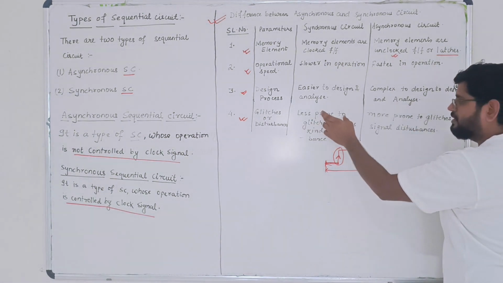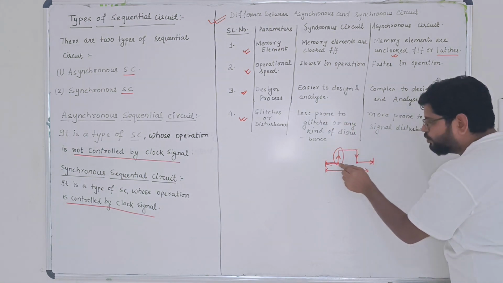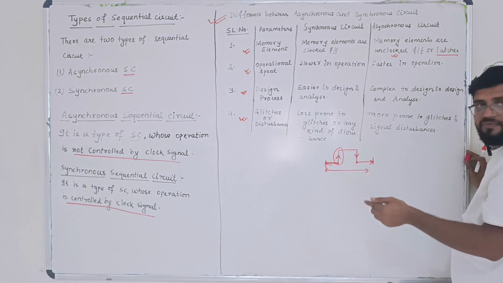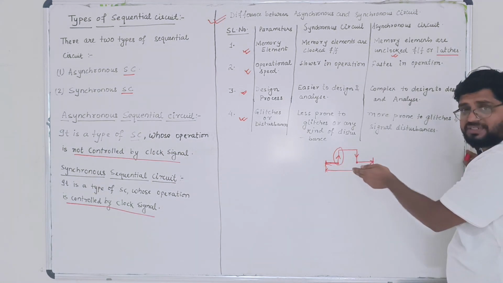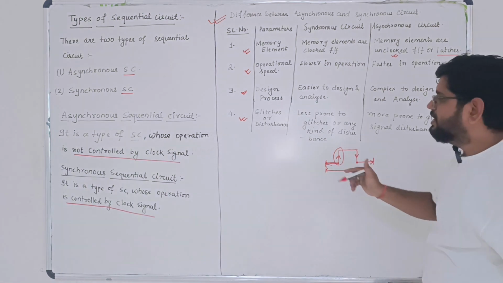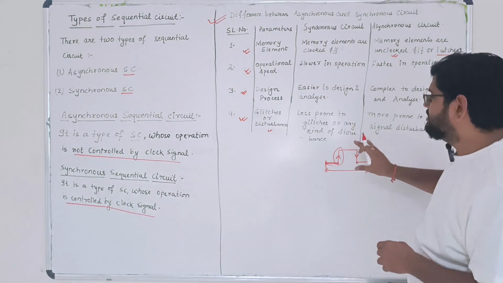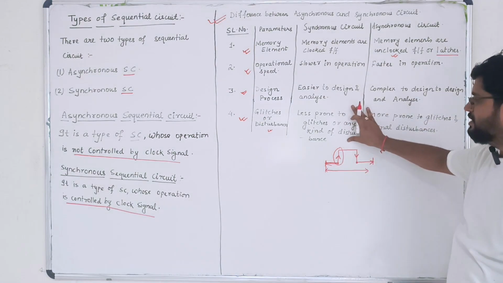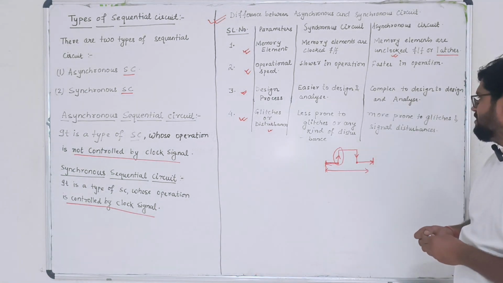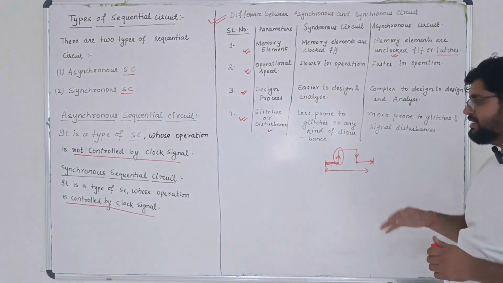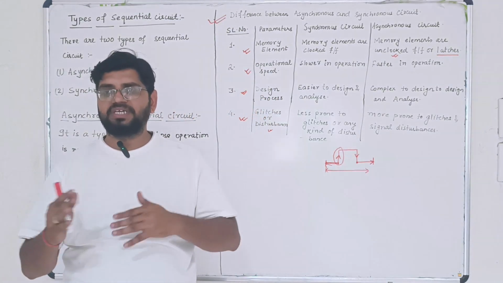But in a synchronous circuit, because it is controlled by the clock signal, there is only a small fraction of time where the signal is changing its state, and therefore there is very little chance of finding any disturbance. So the glitches and disturbance in a synchronous circuit are very few, but here we have more chance of getting disturbance or any type of glitches in the output. So this is about sequential circuits and the differences between its 2 types.